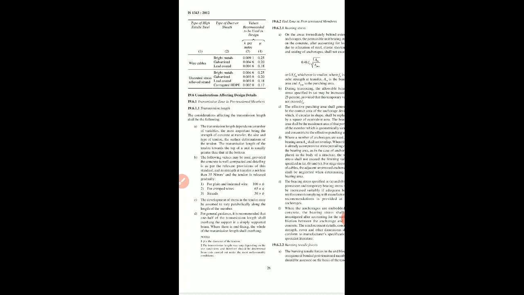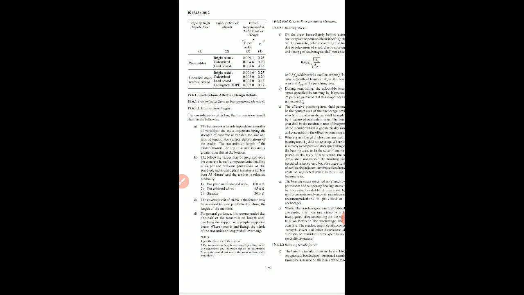Then how, in what manner, or by which means we cut those particular tendons, like abrupt cutting or slow release of the jack, also matters. If we cut very abruptly or in a very forced manner, it will affect the transmission length.